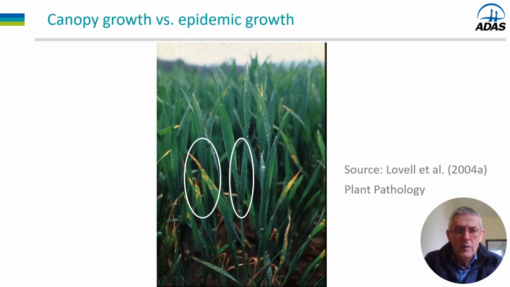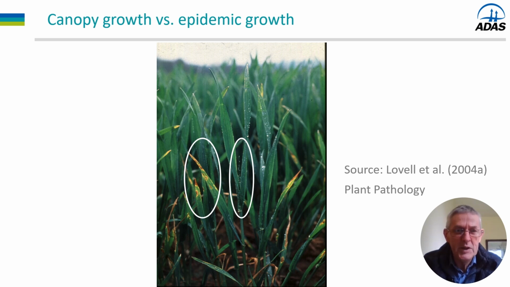So what that can look like in the field is shown in this image here. This is actually taken about growth stage 37, so the flag leaf is just that tiny spike in the right-hand white oval. But this is a worst case scenario, that at that stage we're seeing lesions on leaf 4, which is in the left-hand white circle.